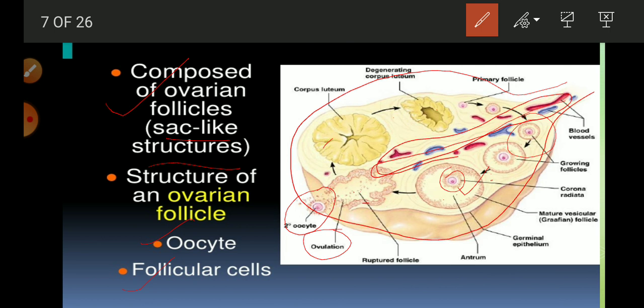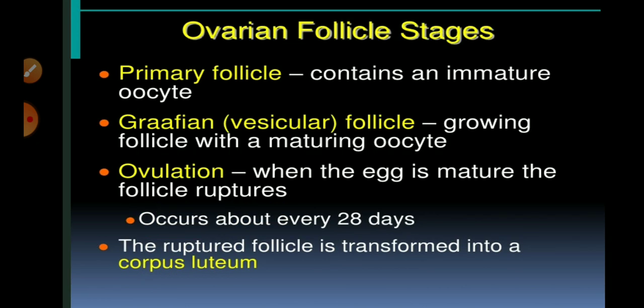Then this ruptured follicle becomes the corpus luteum. Now the corpus luteum degenerates, and again one more follicle is going to mature. So that is the cycle which is carried out on a monthly basis.